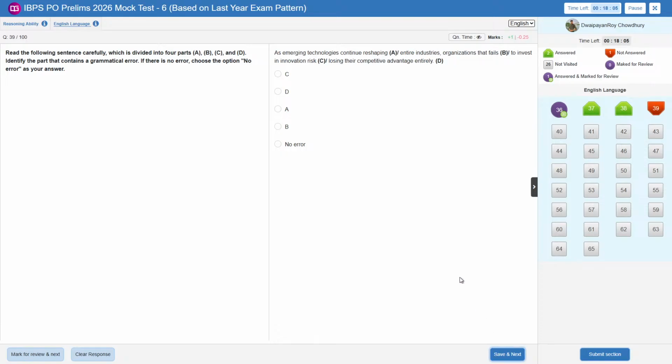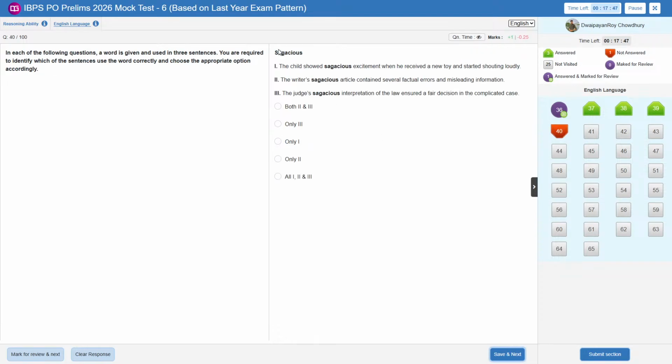As emerging technologies continue reshaping entire industries, organizations that fail to invest in innovation. Sagacious. The child showed sagacious excitement.